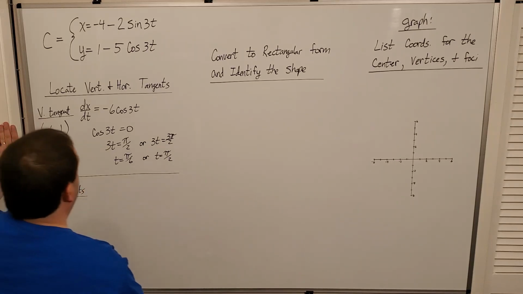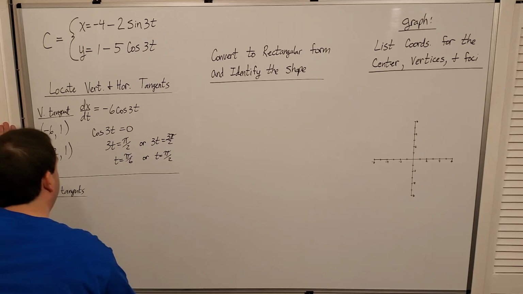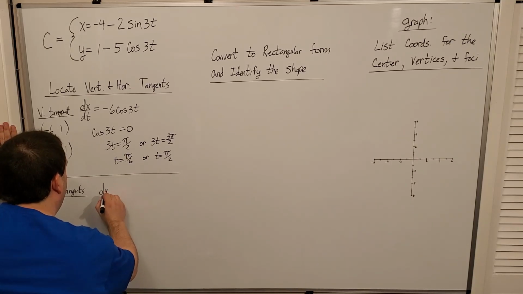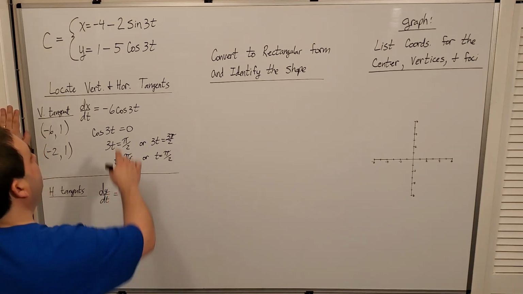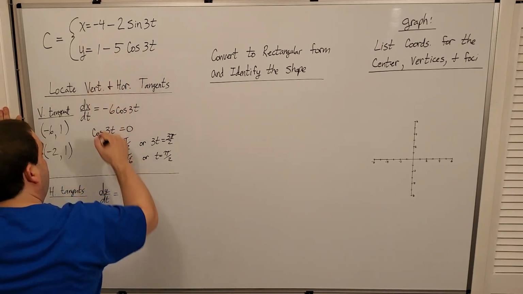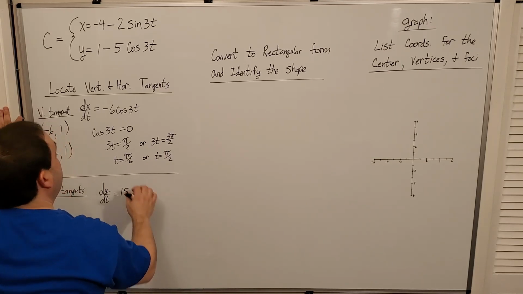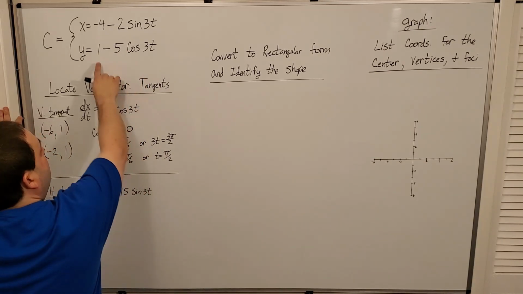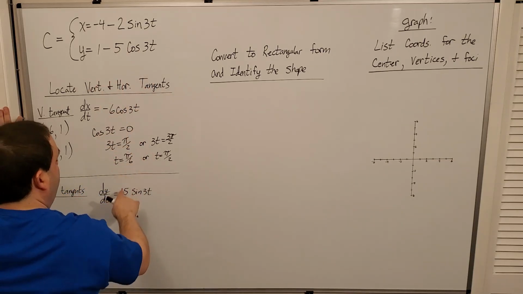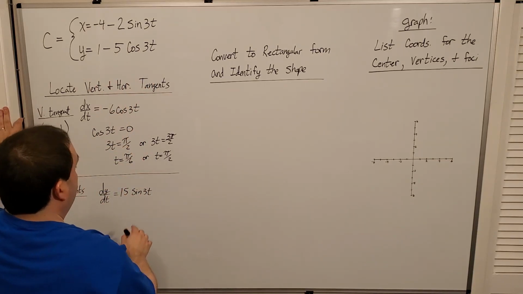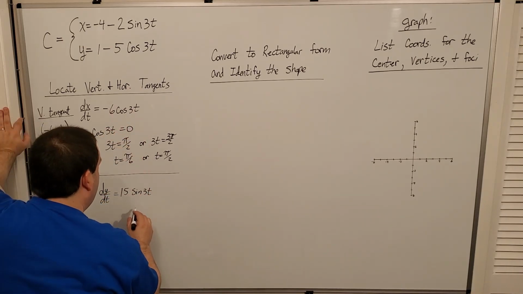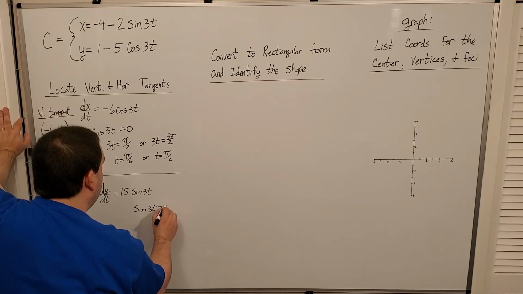Our horizontal tangents have a very similar feature. It's going to be where I take the y derivative and set it equal to 0. So notice here, that's going to give me 15 times the sine of 3t, because the derivative of cosine is negative sine, the derivative of 1 is 0, and I have my chain rule of 15. So just like before, I'm going to be setting the major portion equal to 0.